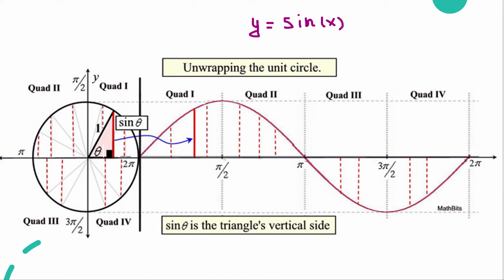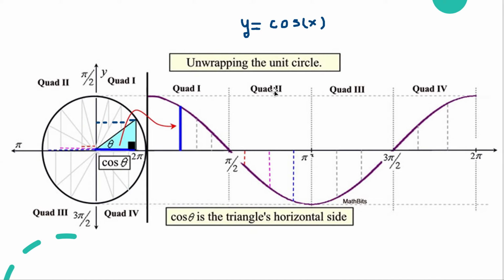But now let's go and see the cosine x. How is the cosine x created? Again, we have the unit circle, and as we said earlier, the cosine x is on the x-axis, in this direction, right here, this point, this distance.